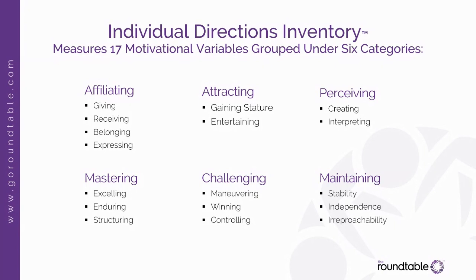Enduring is the amount of energy we get from really sticking at things. The greater the challenge, the more satisfaction we gain from it. If something is too easy, we're going to be less excited about it. Lower enduring people have a much easier time walking away when they see the writing on the wall.